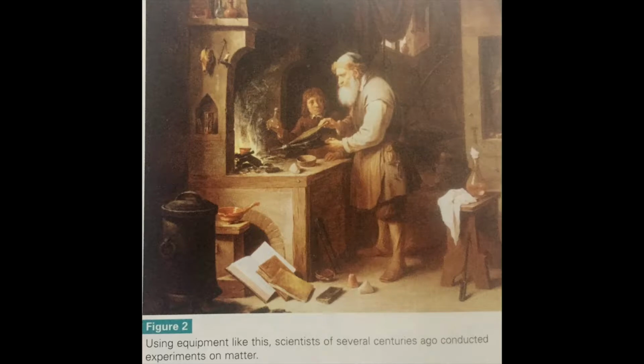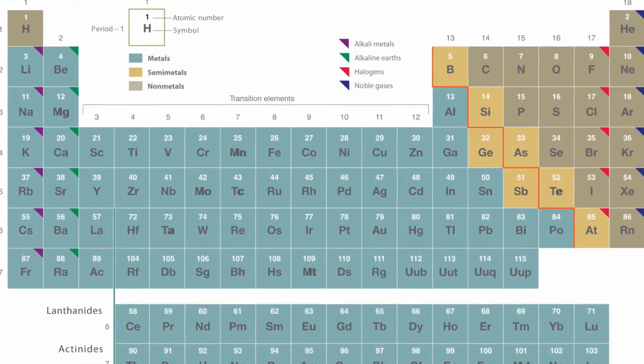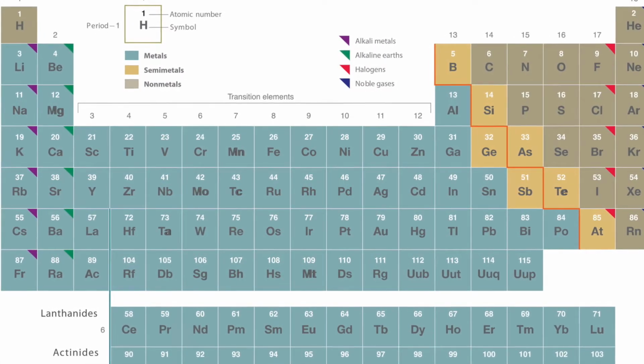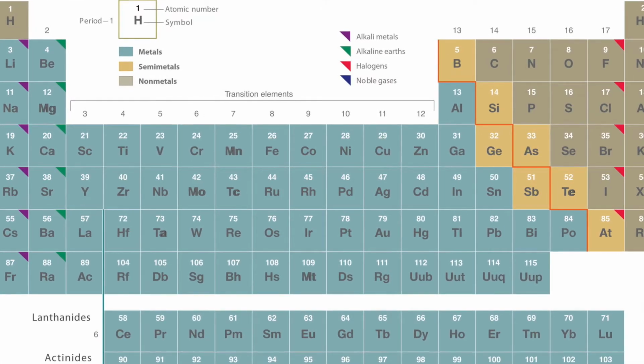Figure 2 shows a gentleman and a younger person working in an old-style laboratory. Using equipment like this, scientists of several centuries ago conducted experiments on matter. As a result of these efforts, scientists now know of over 100 of these building blocks, which are called elements.